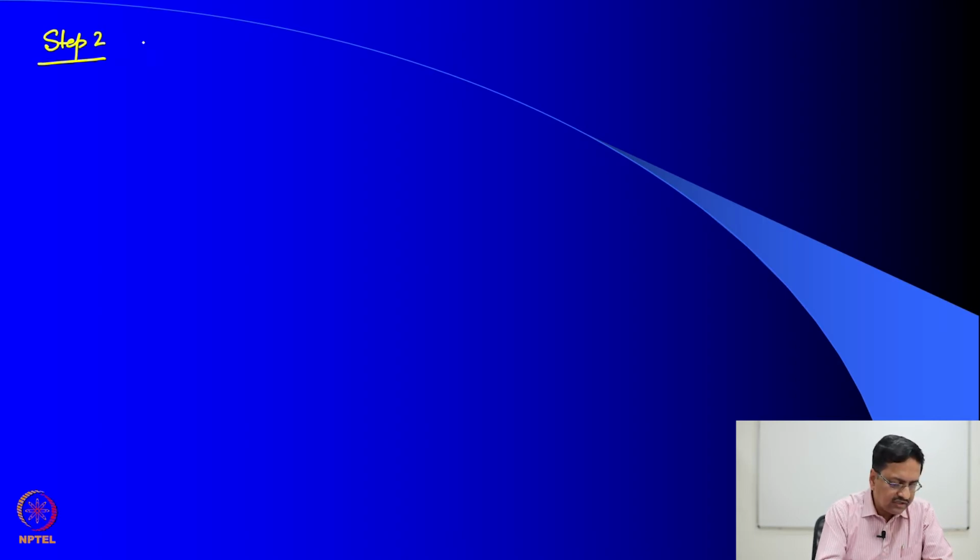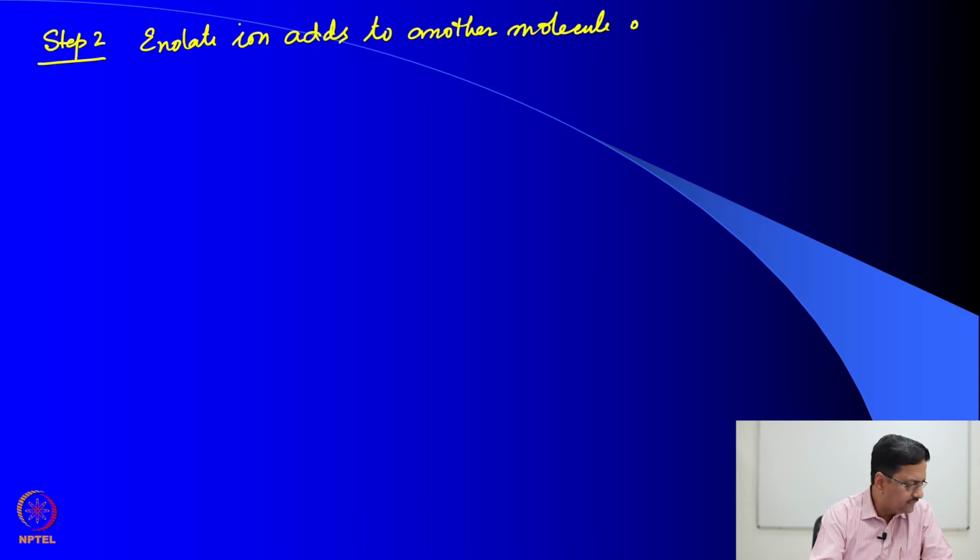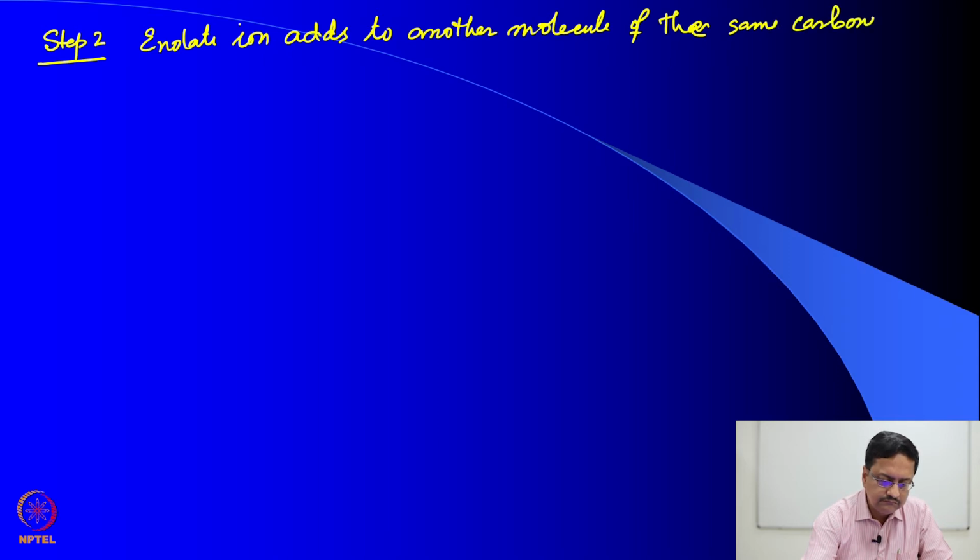So, in step 2, this enolate ion adds to another molecule of the same carbonyl compound.